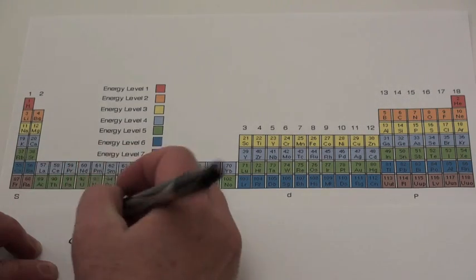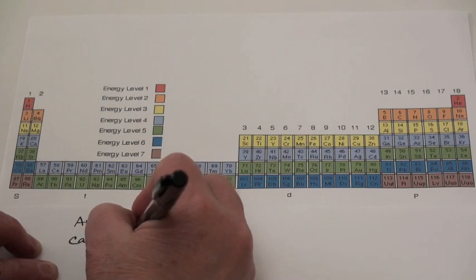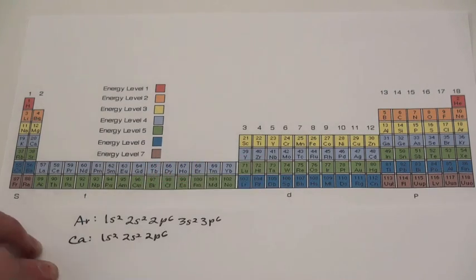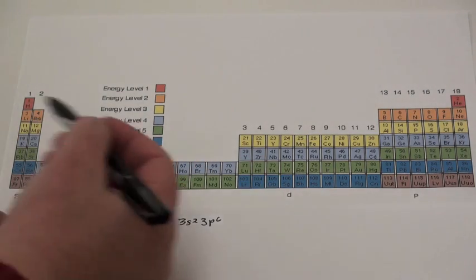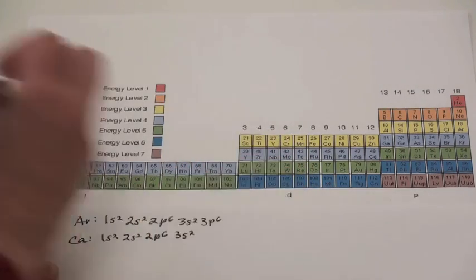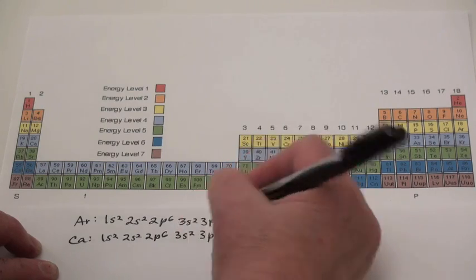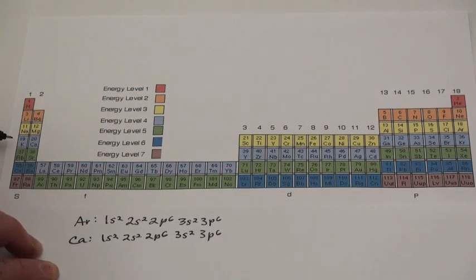So you start at the top again, 1s2, and then 2s2, 2p6. And you're starting to say, they're kind of always the same. After 2p6, you go down here, it's 3s2. After 3s2, it's 3p6. And after 3p6, you go down here and the color is 4, it's s2.